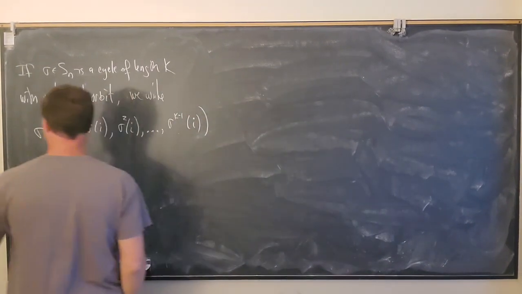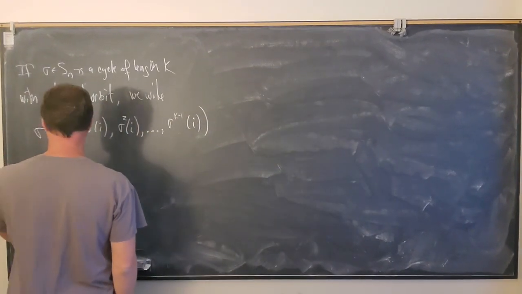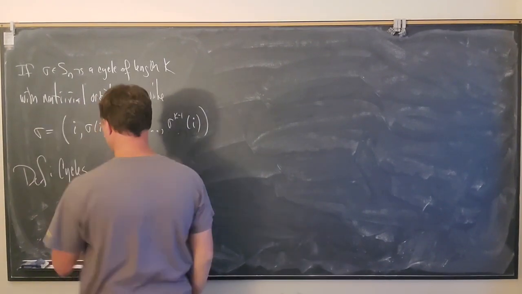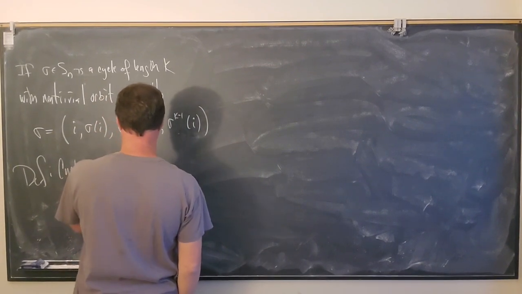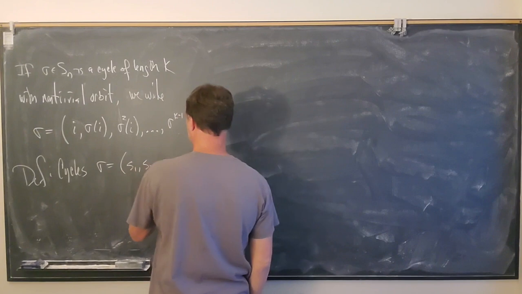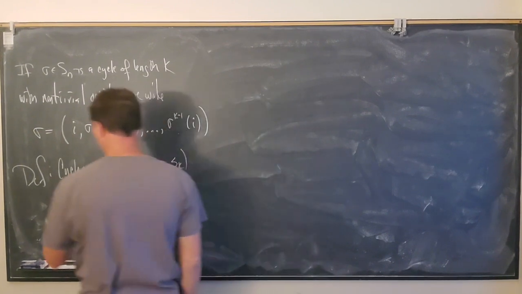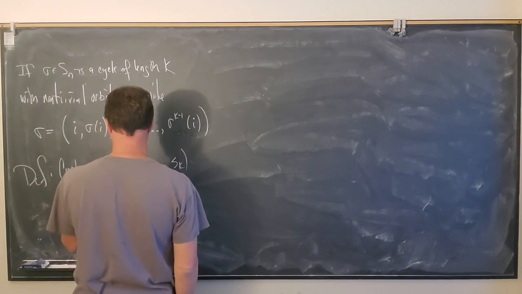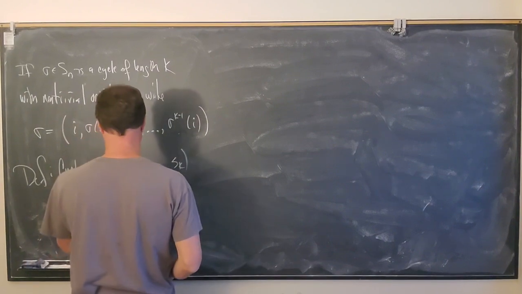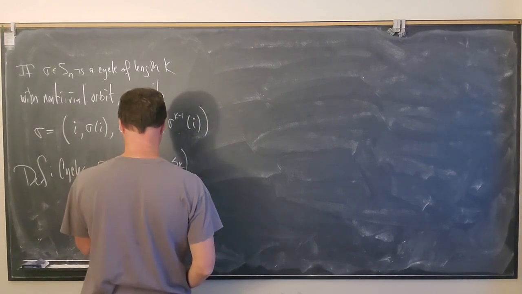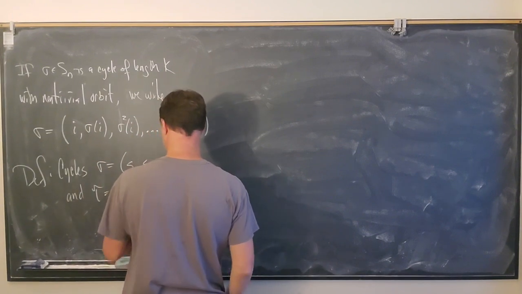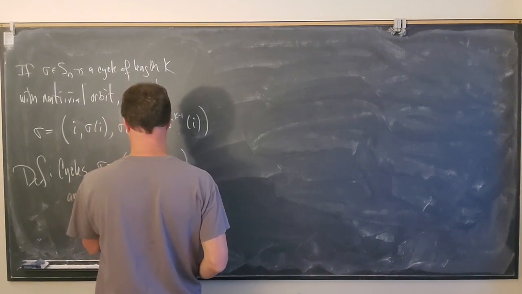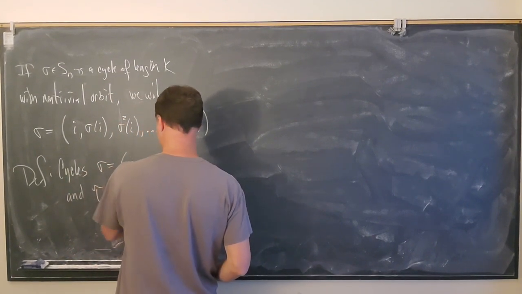A definition here. Let's write the cycles as sigma equal to (S1, S2 up through S sub k), and tau equal to (T1, T2 up through T sub m).